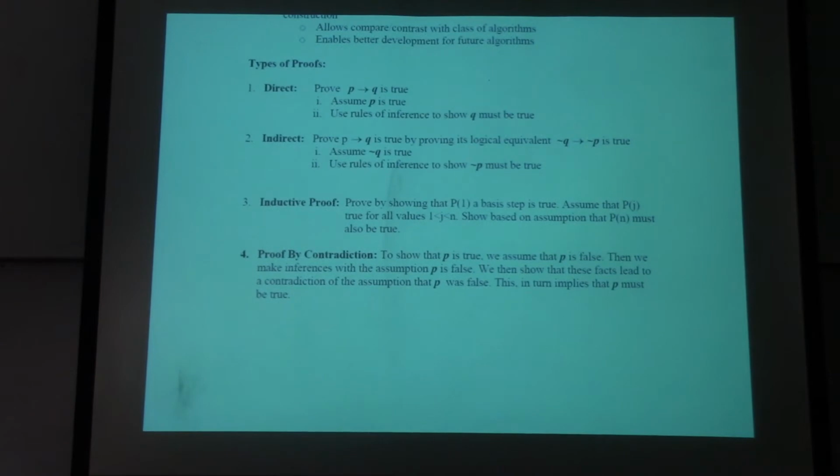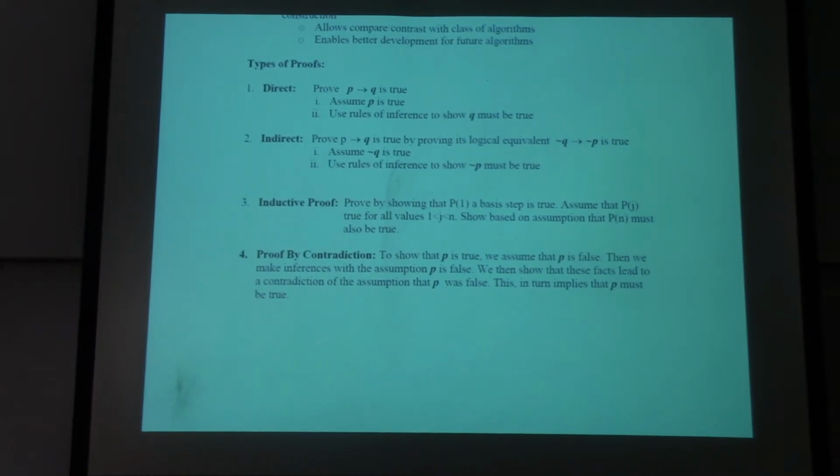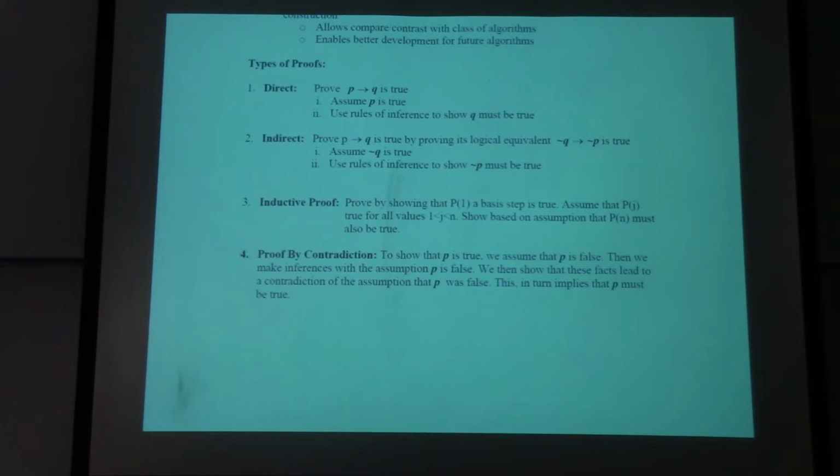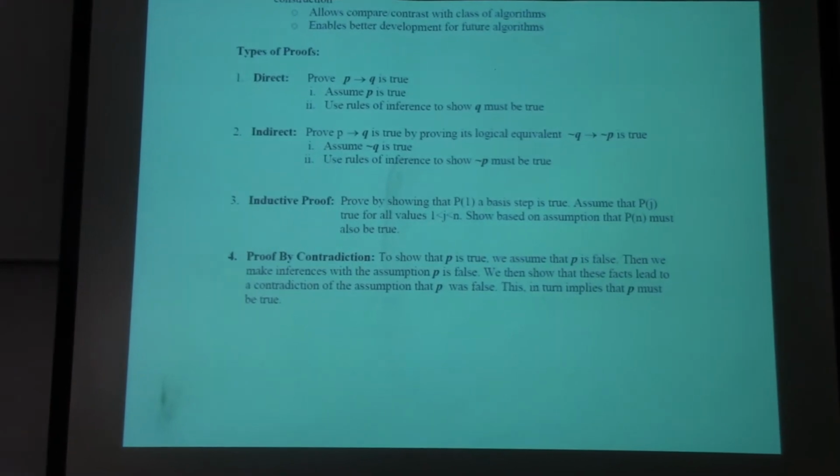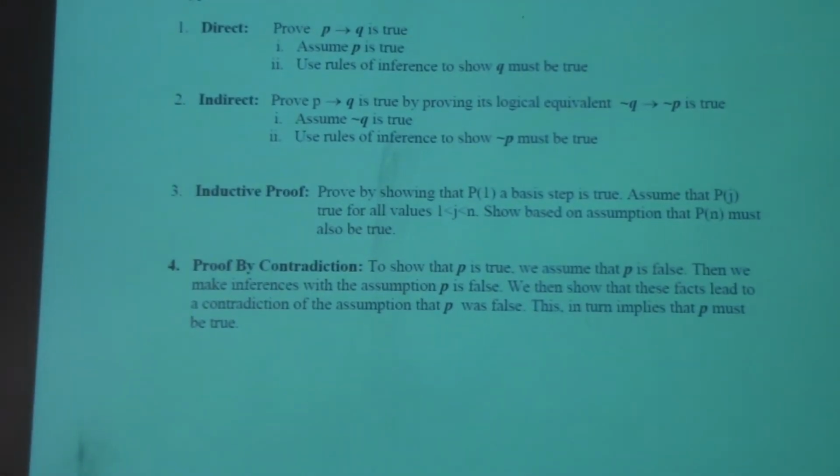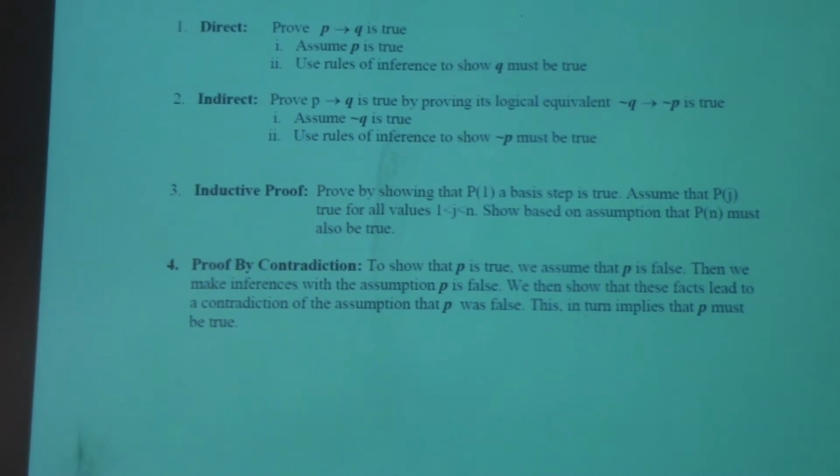Now, the next kind of proof is a very powerful proof, especially for some recursive algorithms and recursive mathematical statements. Inductive proof: basically, we want to show that some statement is true for, let's say, all positive integers. So let's make the statement P. P of 1 means that P of 1 is true. That means when you substitute the number 1 into the statement, it makes a true statement.